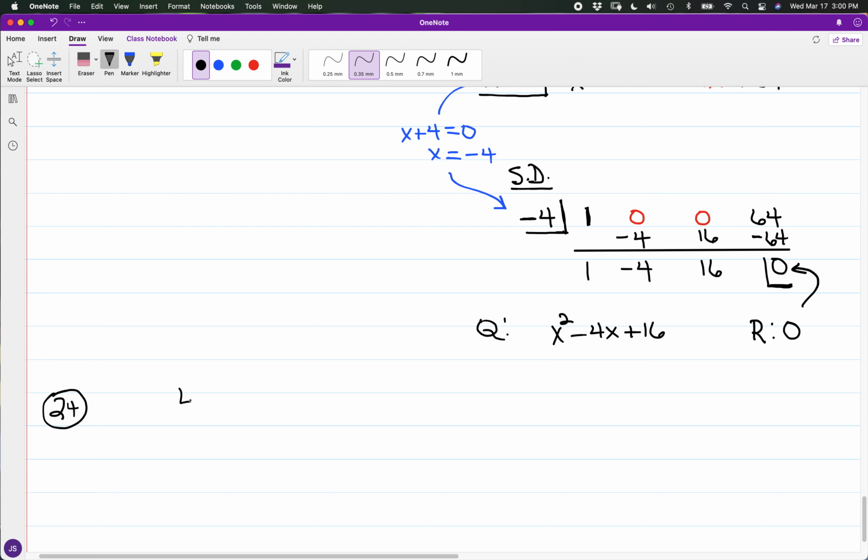And just again for the long division setup, x minus 2 is the divisor, and we're dividing into x to the fourth minus 5x cubed, then plus 2x squared, then minus x plus 20.